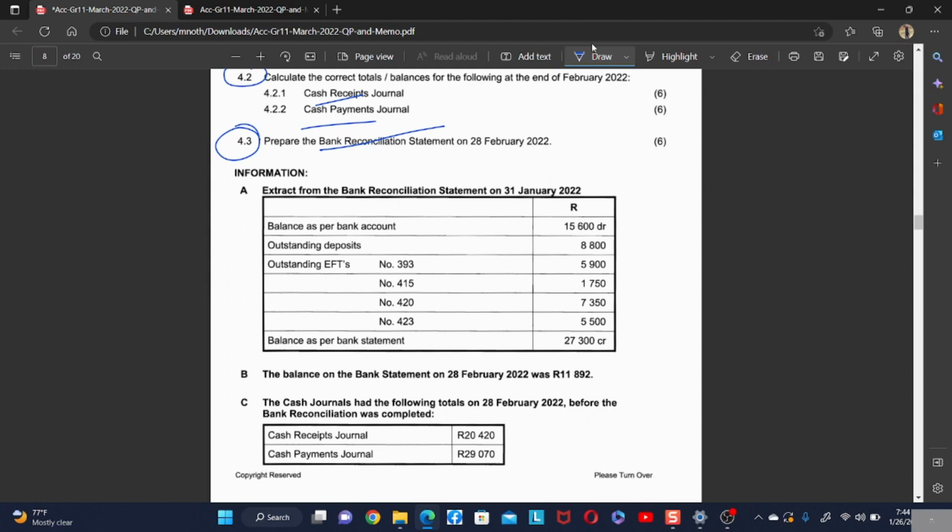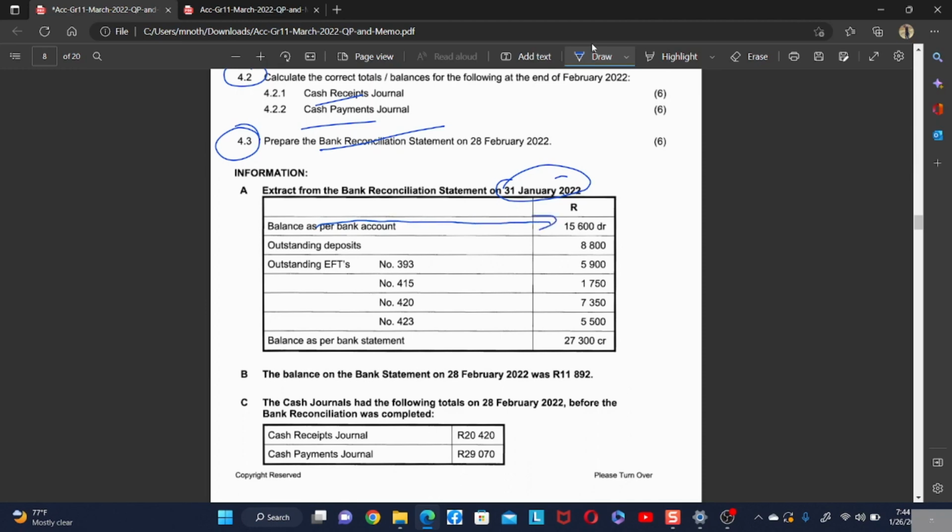We are given the previous month bank reconciliation. It's of January 2022. And then you are given the balance as per bank account.